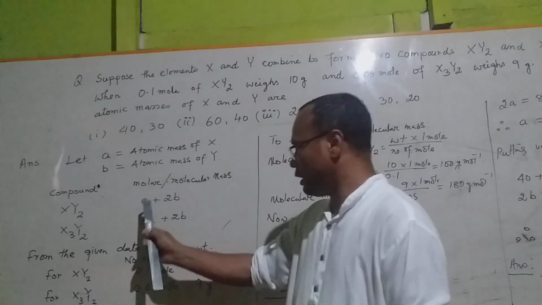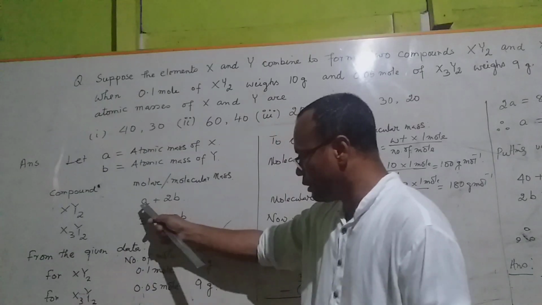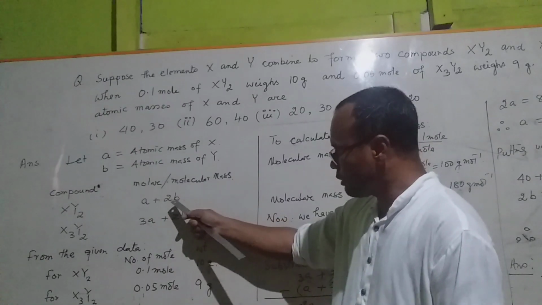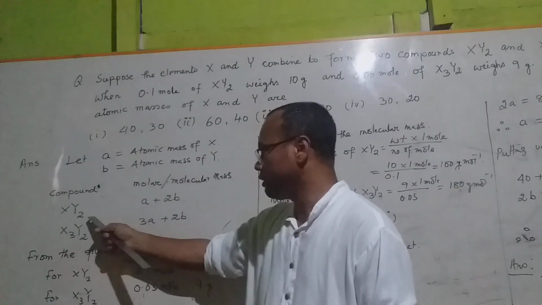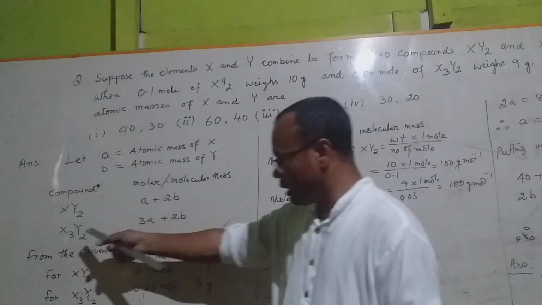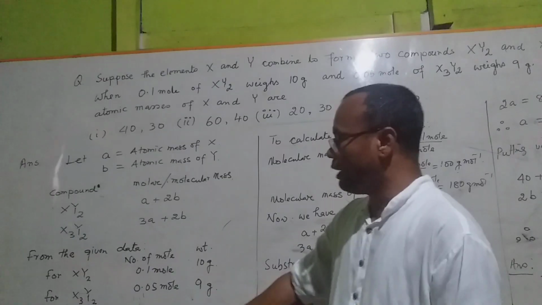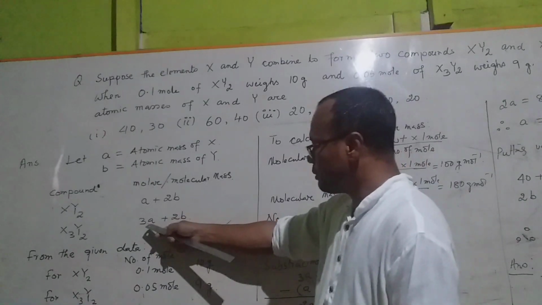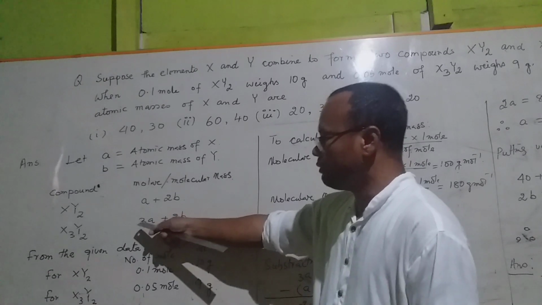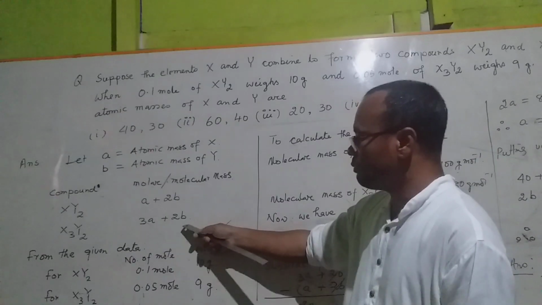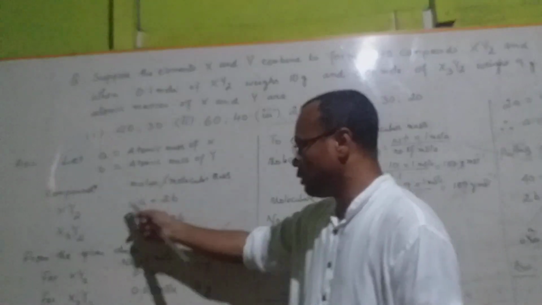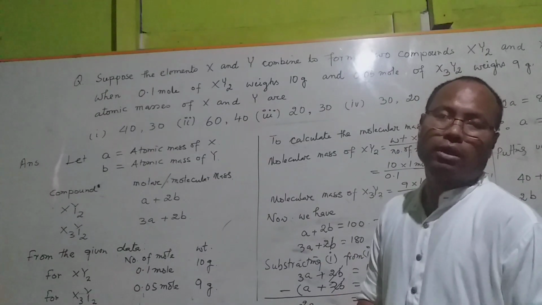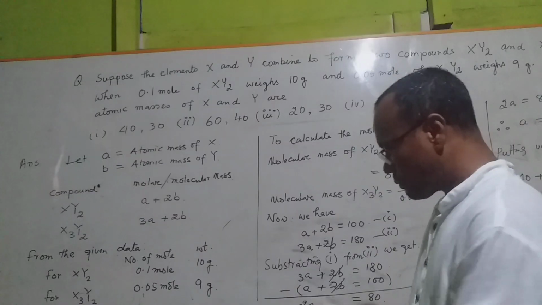For XY2, the atomic mass of X is A plus the atomic mass of Y, B, multiplied by the number of Y atoms. Similarly, for X3Y2, the molar mass is A multiplied by 3 plus B multiplied by 2. This is how we calculate the molar mass.